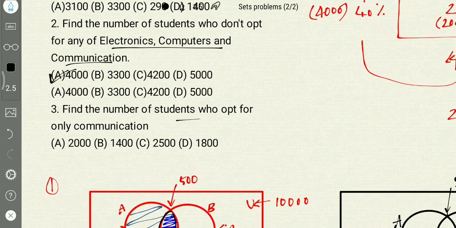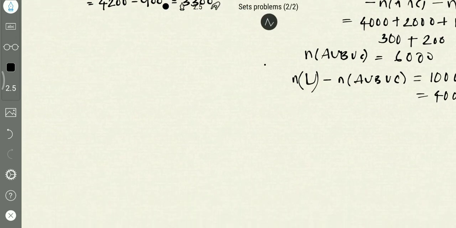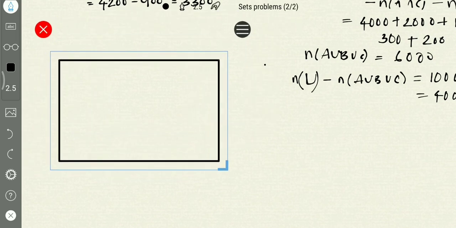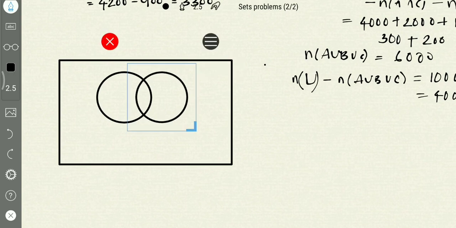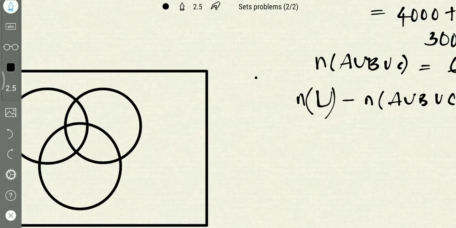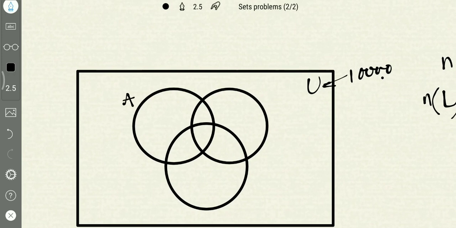Next one, find the number of students who opt for only communication. This is A, this is B, this is C. U is 10,000 students.